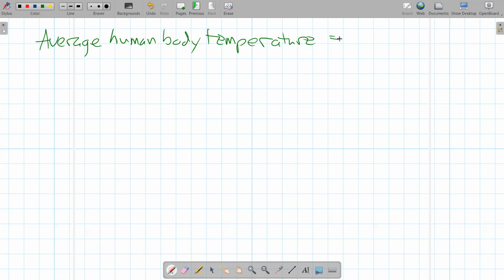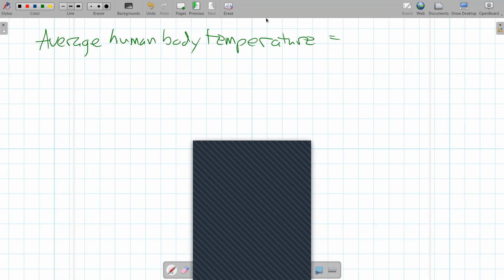Anybody? Come on, somebody knows this, I'm sure of it. Happily, Brianna, Lauren, help me out here. Average human body temperature.